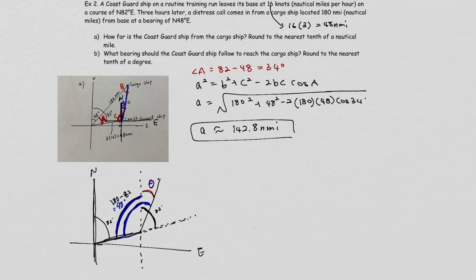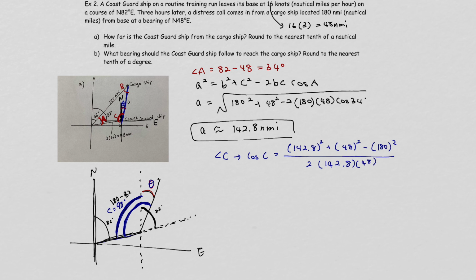So let's try to find angle C. Cosine C equals A squared plus B squared minus C squared, all over 2 times 142.8 times 48.